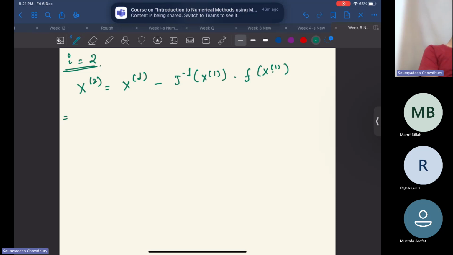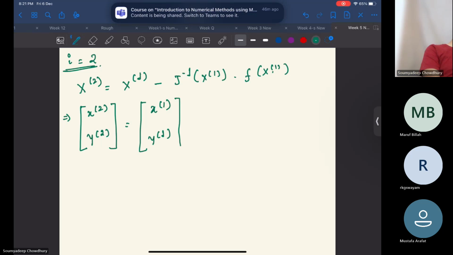If we just expand this, x of 2, y of 2 equals x of 1, y of 1 minus some matrix that will come. I'm writing it as Jacobian inverse, J11, J12, J21, J22. You have to find this out.